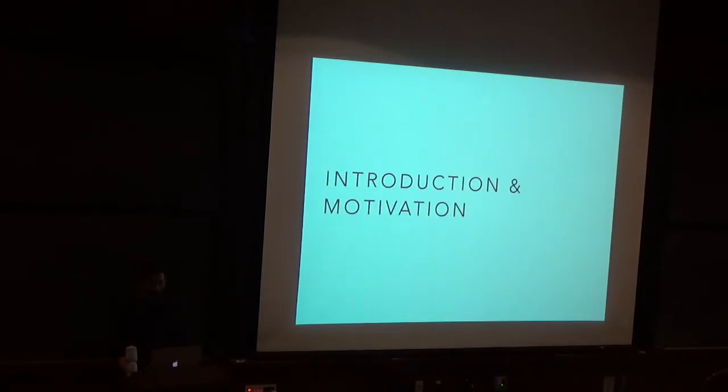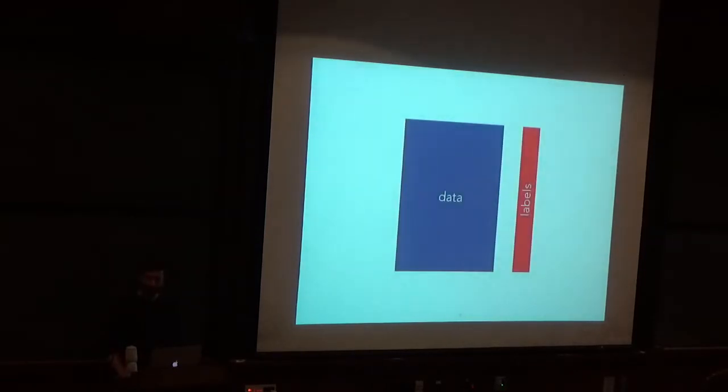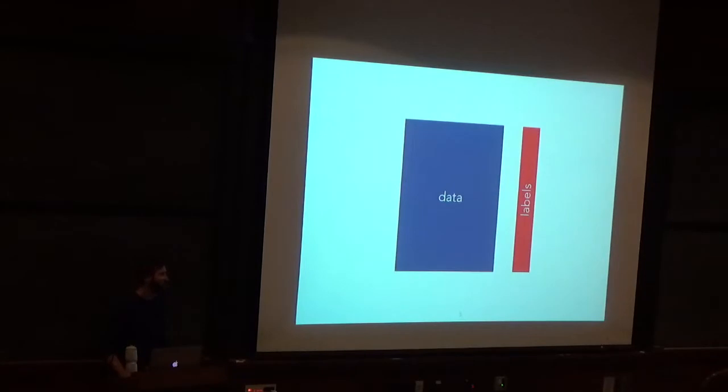So let's get into the introduction to why we might want to learn about this. This is the standard setup you might have in machine learning, at least for supervised learning, where you have some matrix of data consisting of examples with a certain number of features, and you want to associate those with some set of labels.